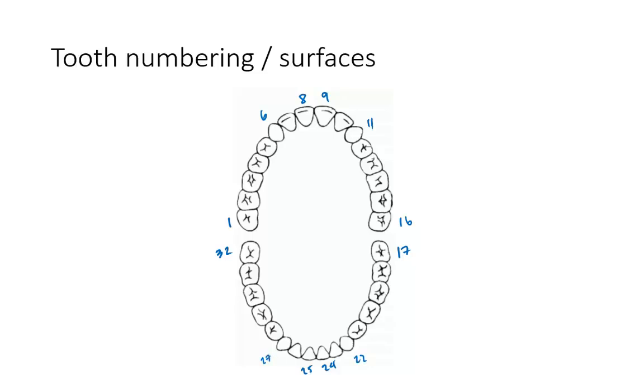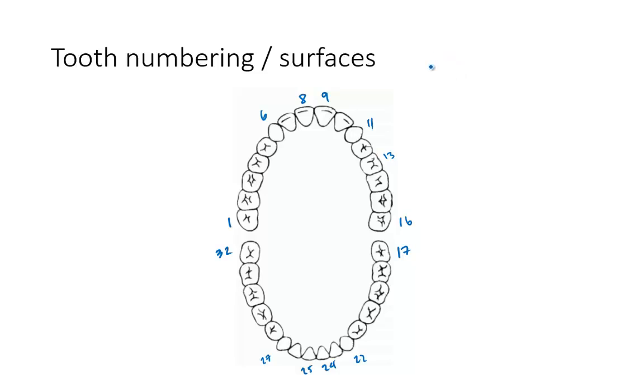So now if I ask you what's the number for the upper left second premolar, boom, it's 2 away from number 11, you know it's 13. So until it's second nature which tooth belongs to what number, just remembering these numbers will give you a quick way to calculate the number that you need for the tooth.